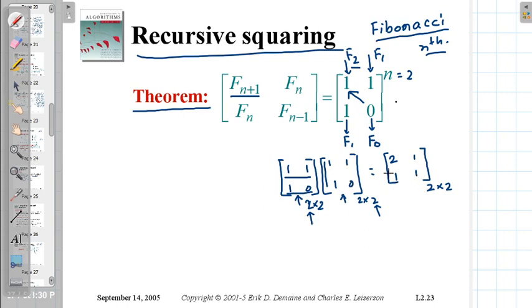So you see, this is which number? f0 is 0, f1 is 1, f2 is 1, f3 is 2.